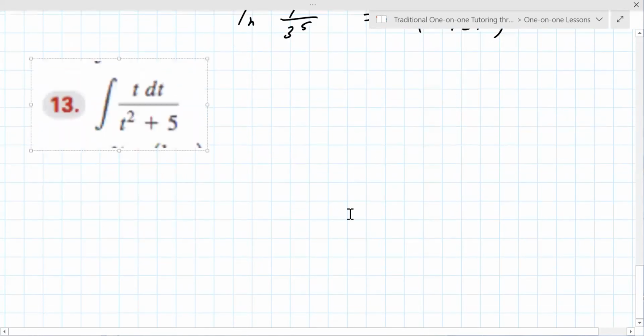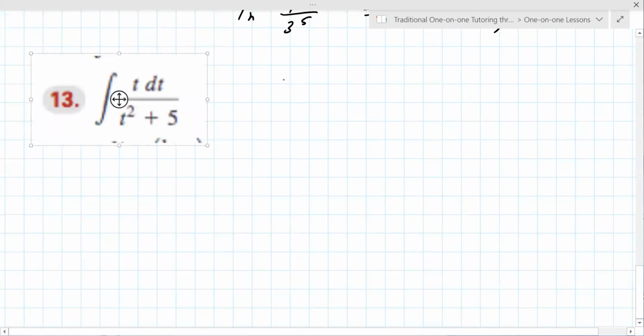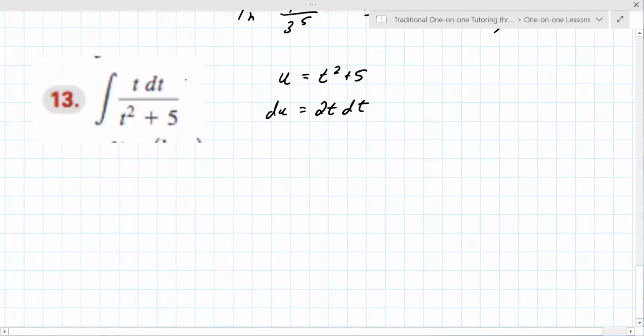So this is somewhat similar to the previous one, but it's a u substitution, because when you take the derivative of your u, it's already in there. The t is already in there. You don't have like a 5t or something else to sort of mess things up here.